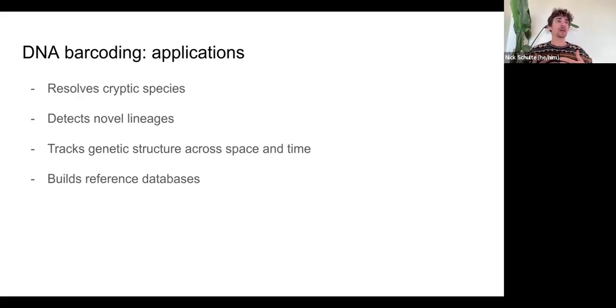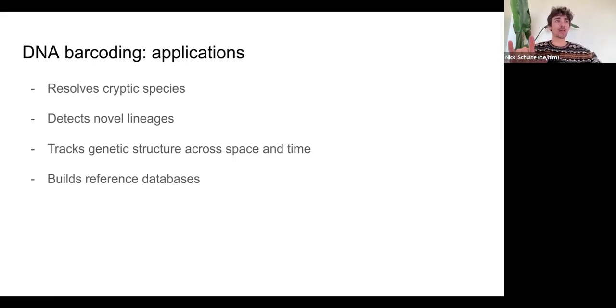And it supports our ability to use it in other applications for multiple species by contributing to reference databases. This basically becomes our accessioned genetic specimen of a given species at a given location.